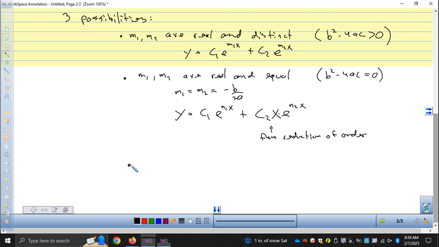Here's where it gets really interesting. And this is part of why I wore the algebra quadratic formula shirt, because we end up using the quadratic formula. Our third possibility is M1 and M2 are complex conjugates.